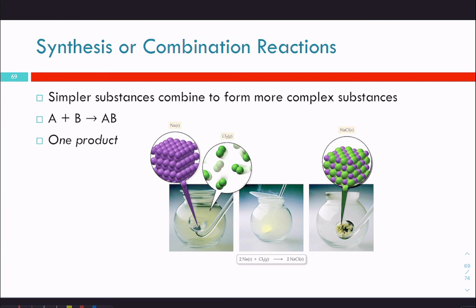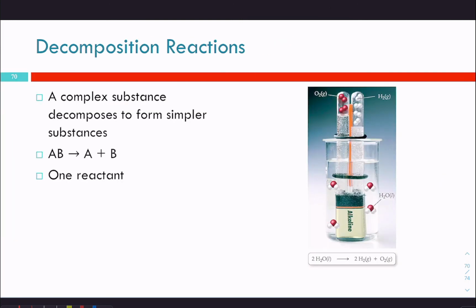Synthesis or combination, right? Substances combine, specifically to get one product. In the decomposition reaction, a complex substance forms simpler substances. So if combination has one product, decomposition has one reactant. Just the one thing by itself breaking down.